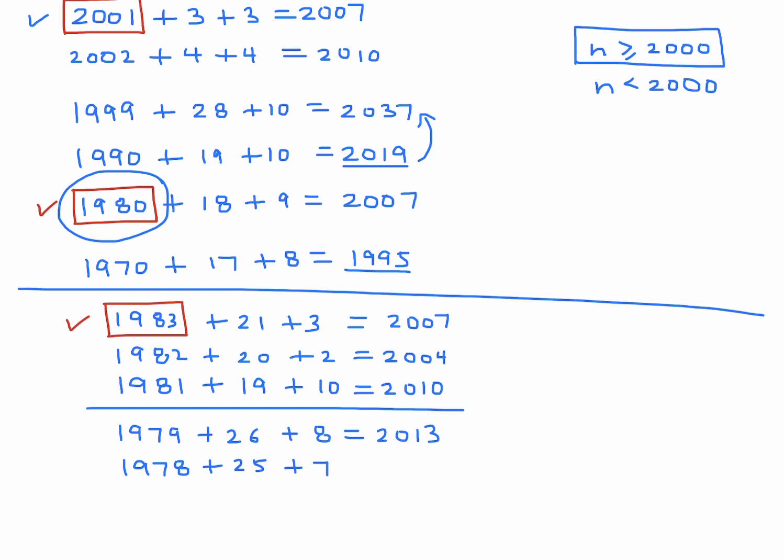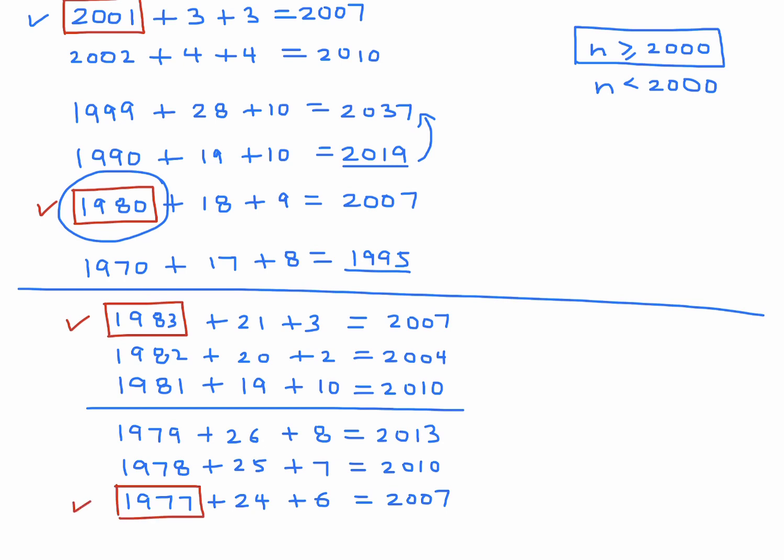So 1978 plus 25 plus 7 is 2010. All right, let's try 1977. That gives me 10 plus 14, which is 24. 24, sum of the digits is 6. So 1977 plus 24 plus 6, and that is 2007. Great. So we got another one.